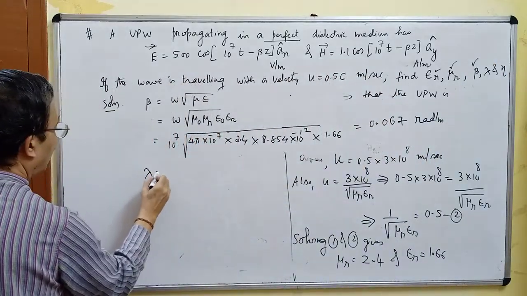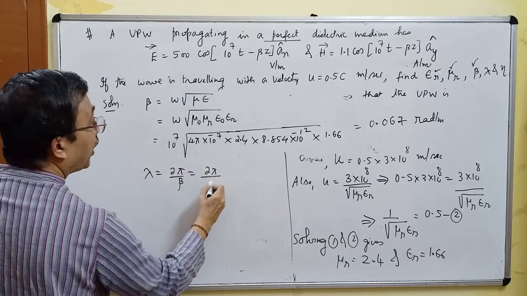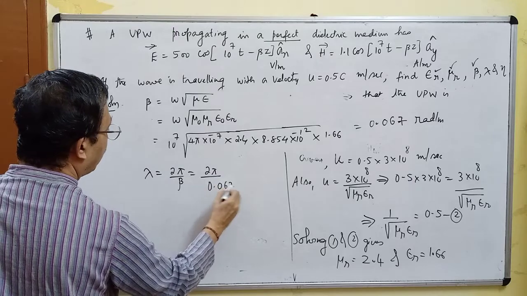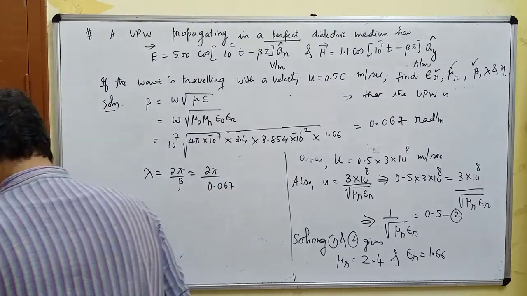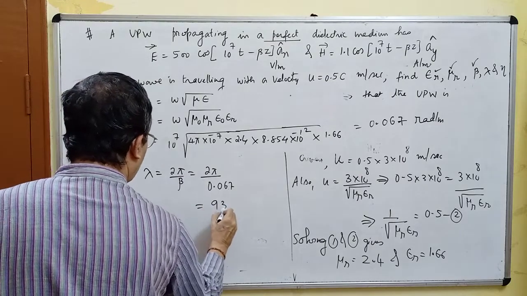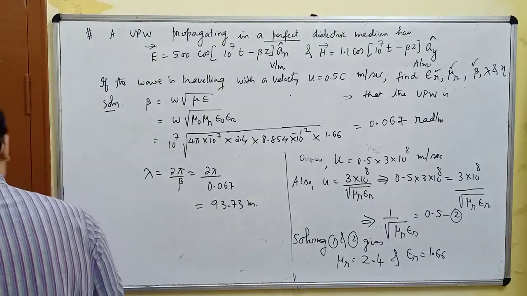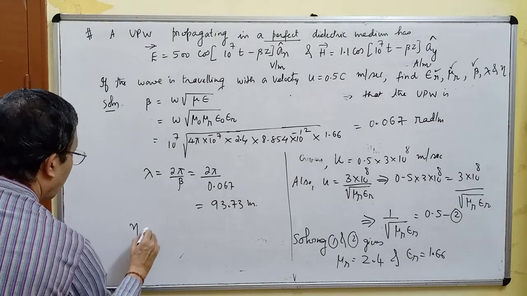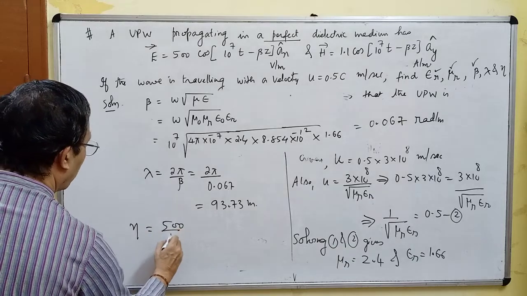What is lambda? Lambda is 2 pi by beta. 2 pi by 0.067 gives you 93.73 meters. Earlier, what was the expression for eta? Eta was 500 divided by 1.1.